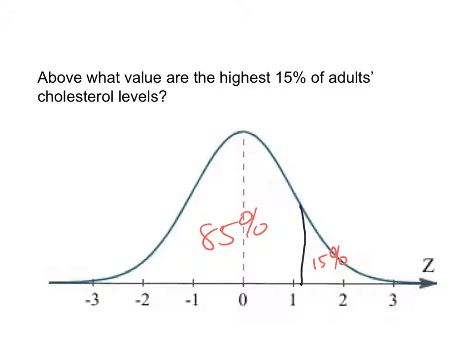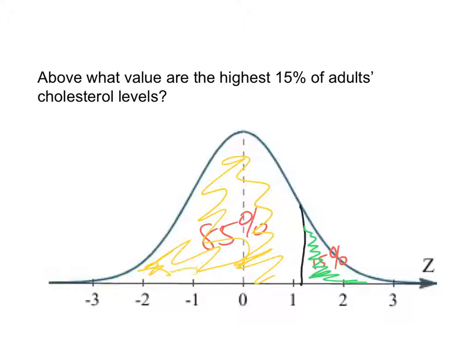So here the green shaded represents the 15%, and here the yellow shaded represents the 85%. So I need to look this up in my table again. I always look up the value to the left. So I need to find a decimal that is close to 0.85.